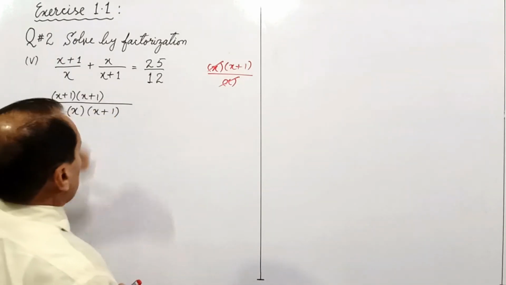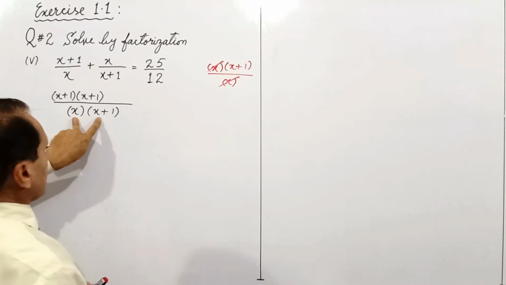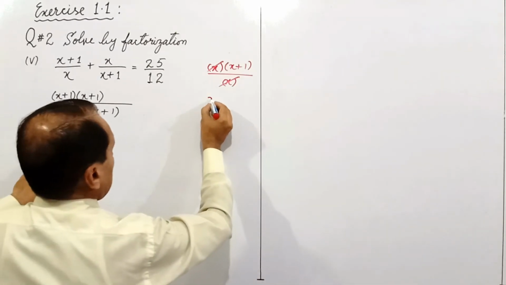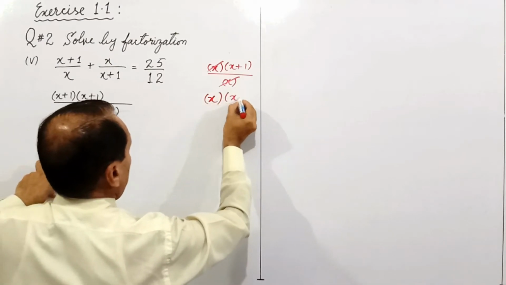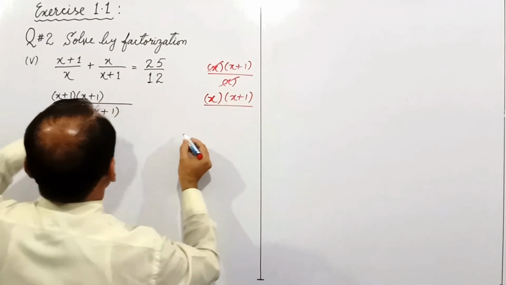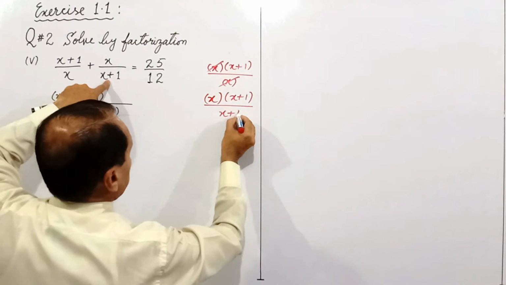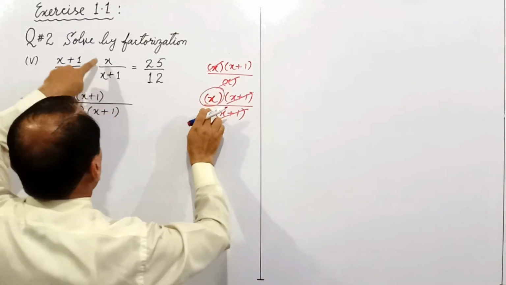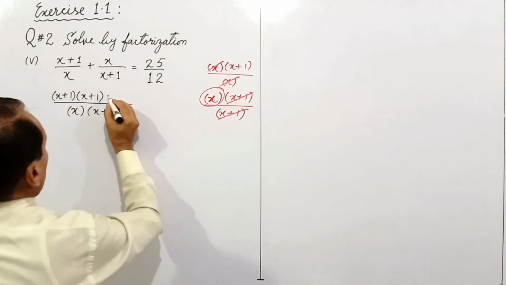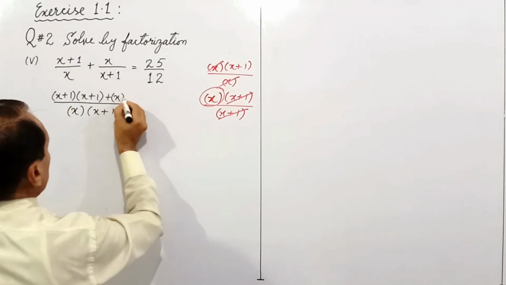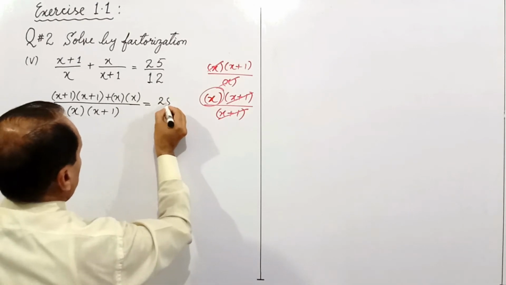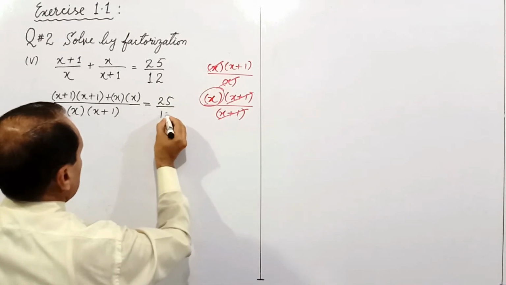For the second fraction, we again do the same process. We divide the LCM x into x plus 1 by the second denominator, which is x plus 1. x plus 1 is cancelled and x is multiplied to the second numerator. We have x into x as the second term. On the right hand side, we write the same value, 25 over 12.